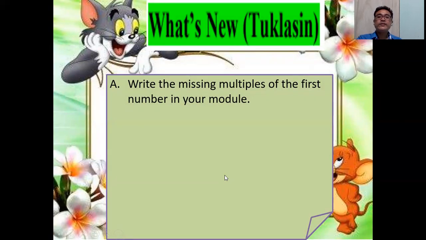Let's answer Activity A under What's New. Write the missing multiples of the first number in your module. I will give you 5 seconds to answer number 1.